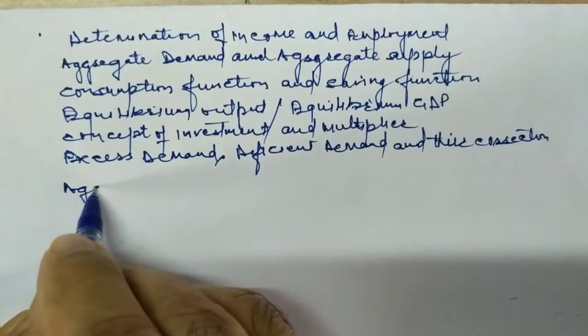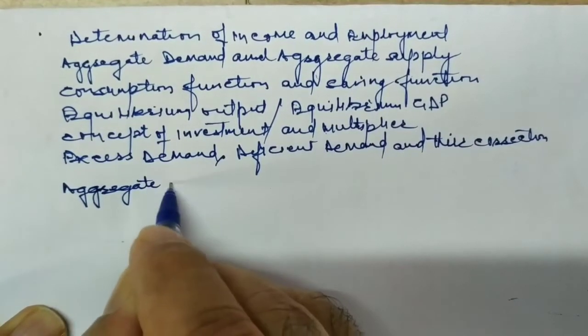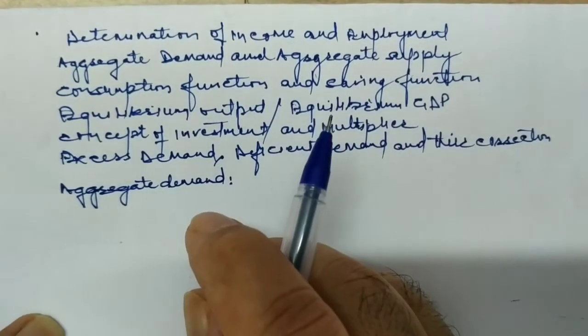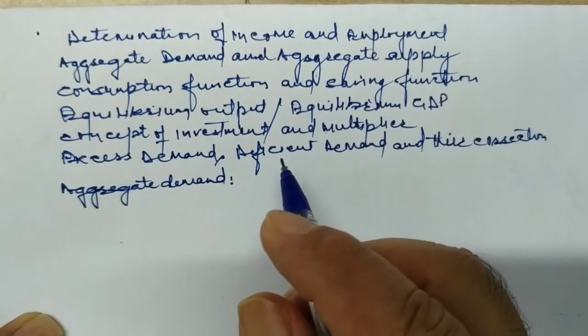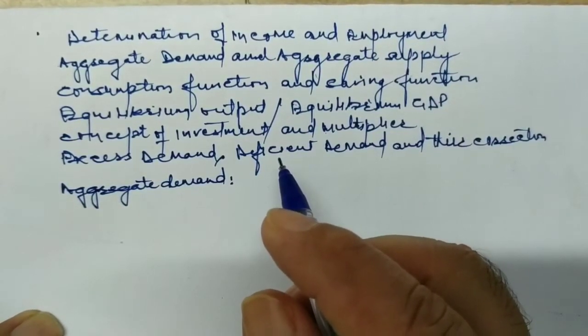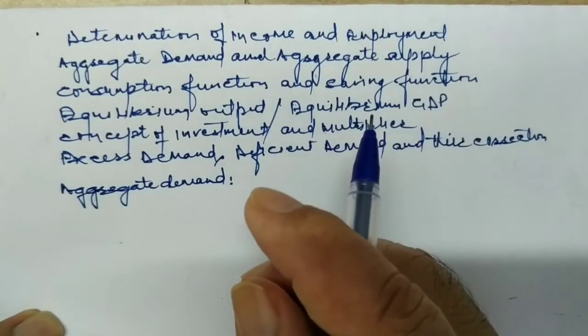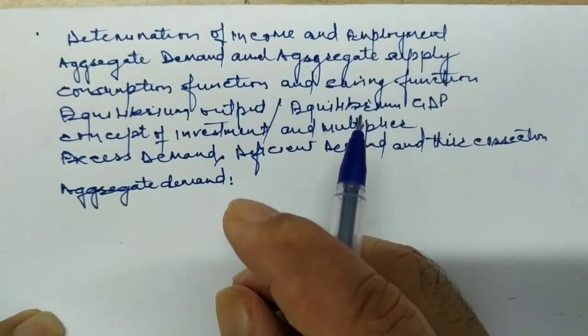Aggregate demand is measured in terms of total expenditure on goods and services in the economy during a period of time.